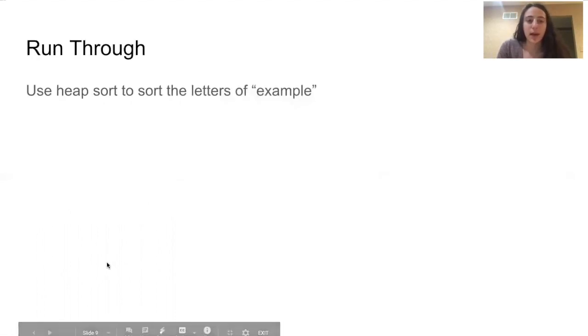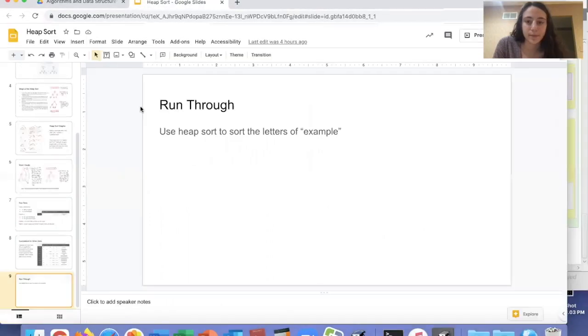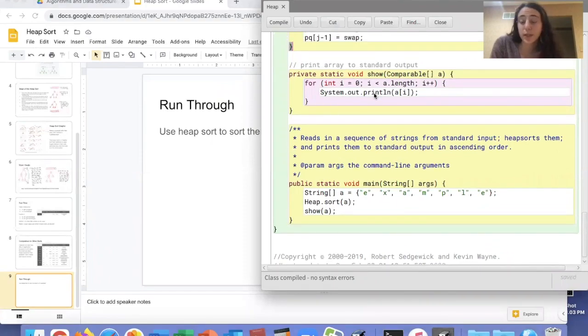So now we're going to do a run through of HeapSort using the letters of the word example. First, to just go through the code, show prints each of the values in the array.